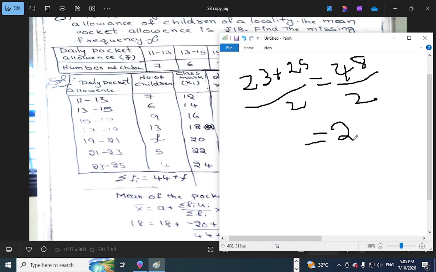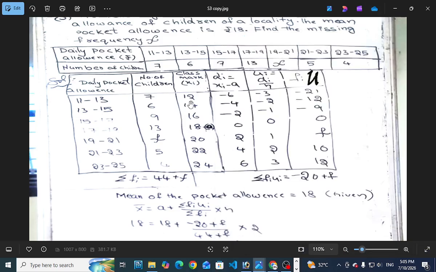Finally, we get 24 as the midpoint of 23 to 25. Like that, we have found the midpoints, and we write them as class marks. So 12, 14, 16, 18, 20, 22, 24 are the class marks of the classes.